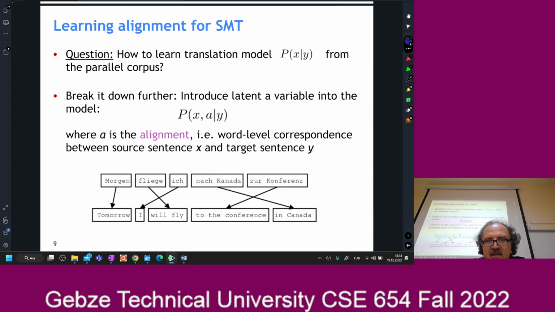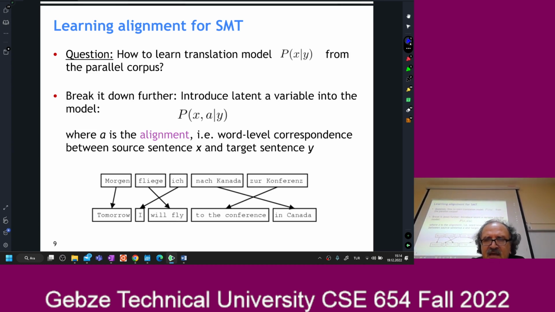This is the English sentence, this is the German sentence. They correspond to each other. Also, I will separate these two sentences into parts, and I will give an alignment matrix or alignment map between these two. This one will map to this, this one will map to this, this, and this.